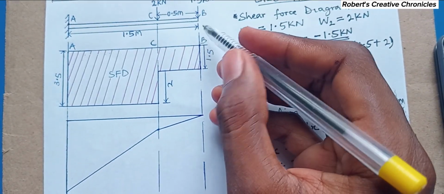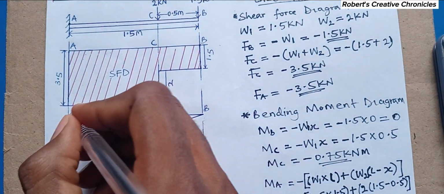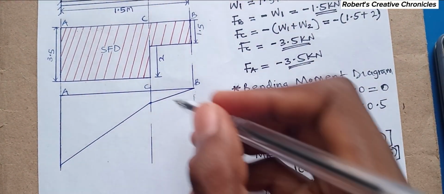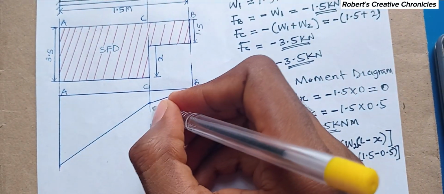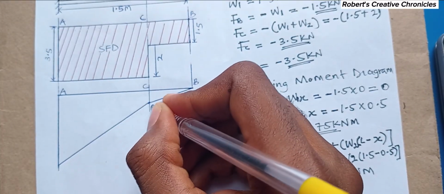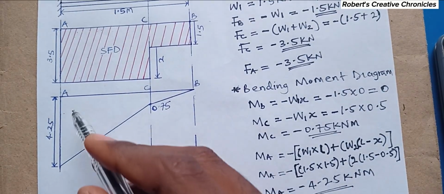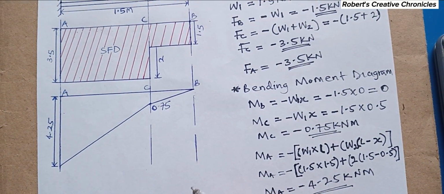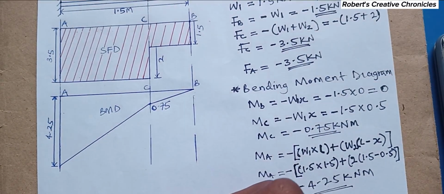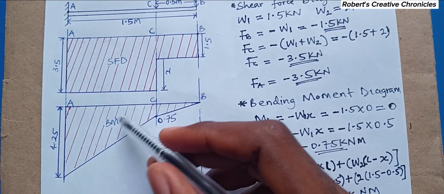Again, here is B, here is C, and here is A. So here the distance down is what? 0.75. Then here is 4.25. So this is our bending moment diagram.